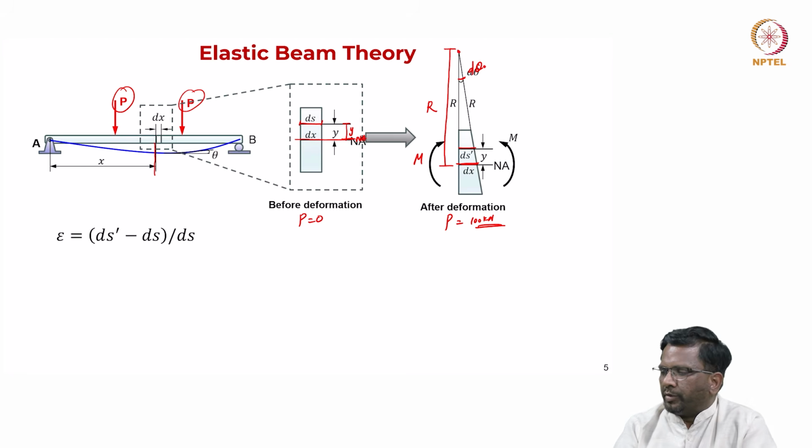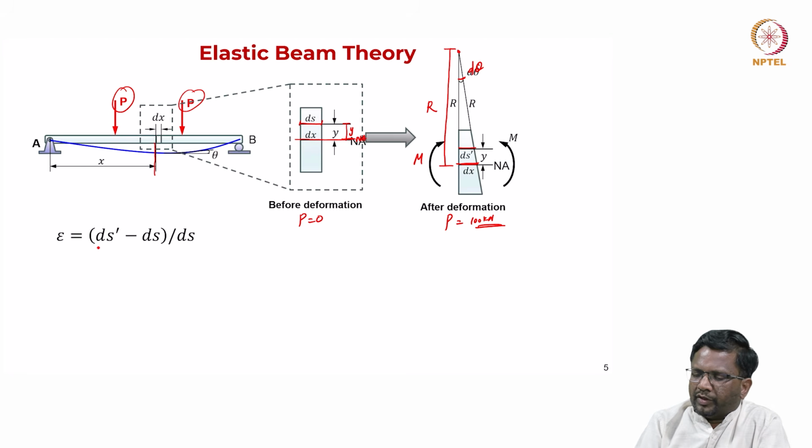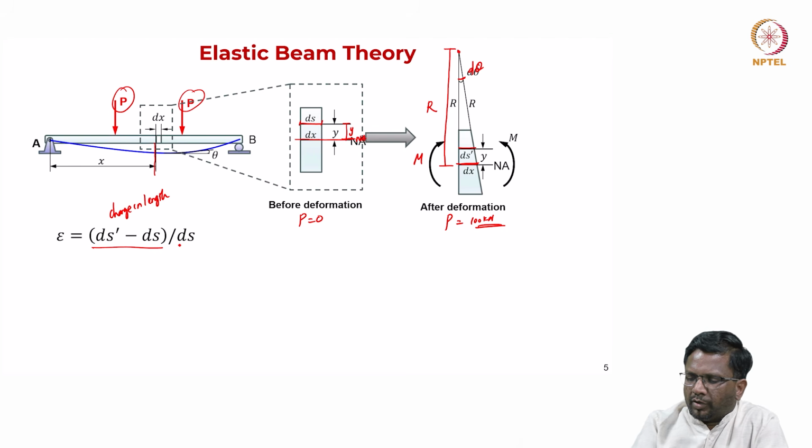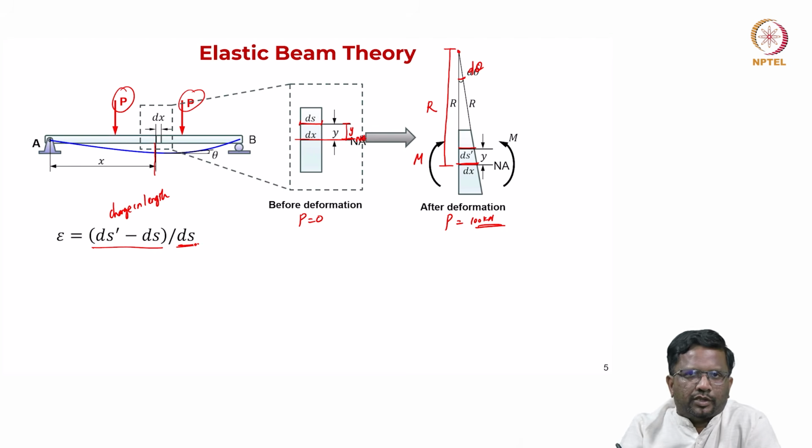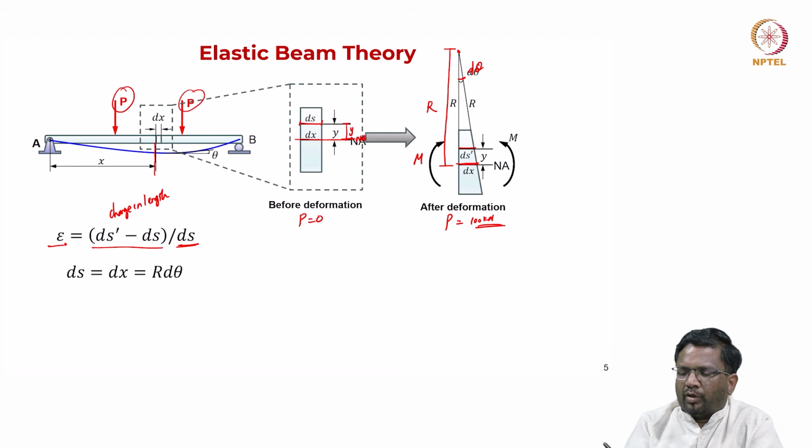Okay, so from the basic definition of strain, we know that this is going to be change in length by original length, which is ds. So, ds prime is after deformation, ds is before load application. So, ds prime minus ds gives the change in length, and divided by the original length gives the strain. Now, I also want to calculate the distances ds and dx.